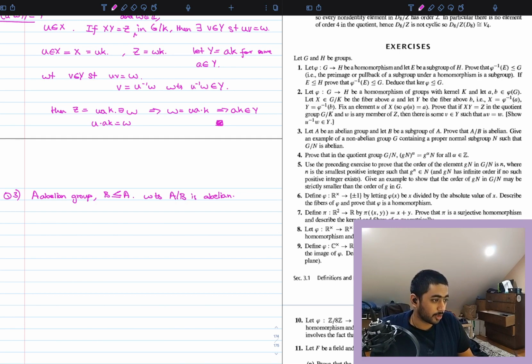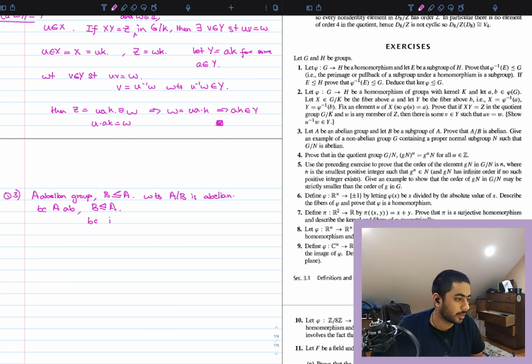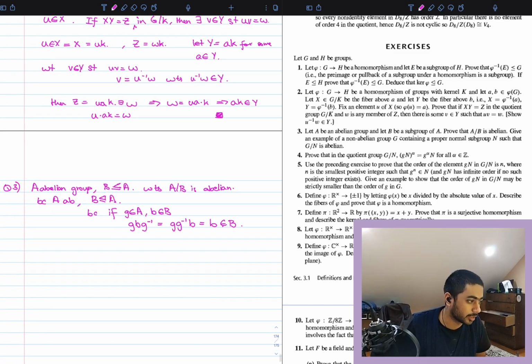Alright, so first off, because A is abelian, B is in fact a normal subgroup of A. Because if g is in A and b is in B, then g b g inverse is the same thing as g g inverse b, because we're abelian, which is just b, and so is certainly inside B. So B satisfies the normality condition.